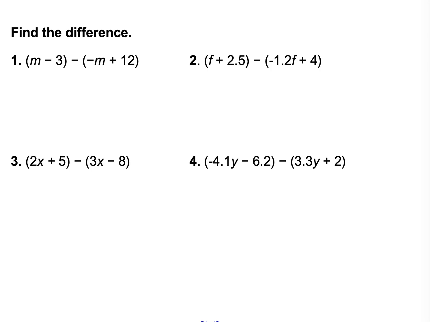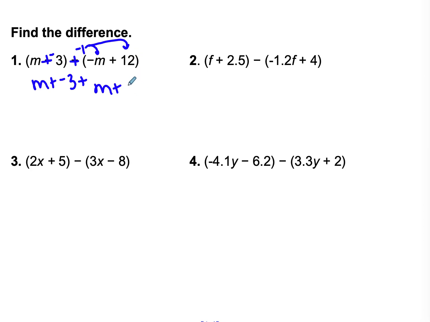Okay, so let's go ahead and try these problems. For the first one, I have m minus 3. I'm going to make that a plus negative 3. Minus, that becomes a plus negative 1. That negative 1 gets multiplied times our things here. m plus negative 3 plus negative 1 times negative m is m.